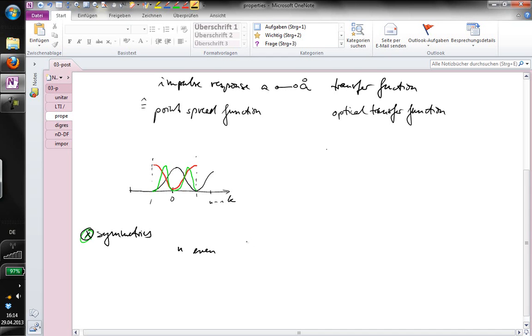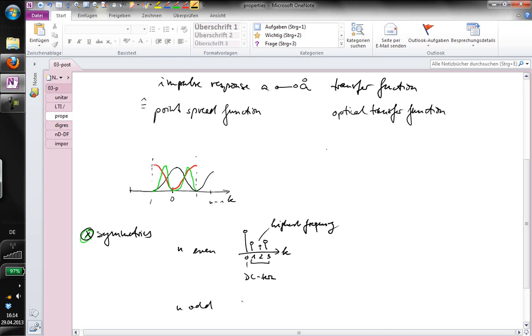So for n even, this would be k, 0, 1, 2, 3. So for 0, this is the DC term, about which I will say a little more. This is the highest frequency that we can observe, and these here represent the same frequency.